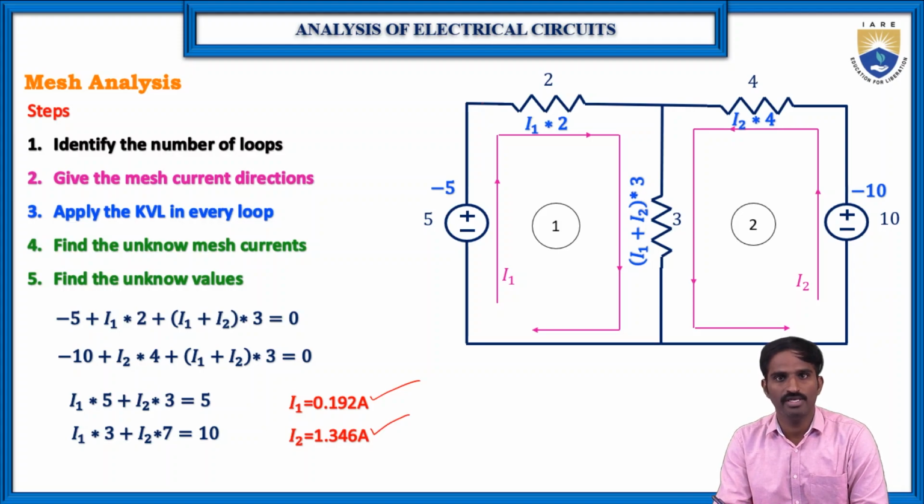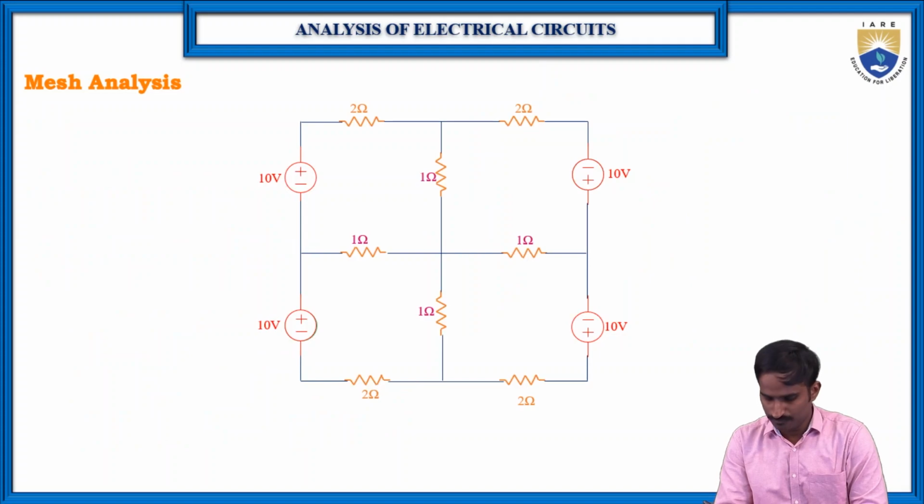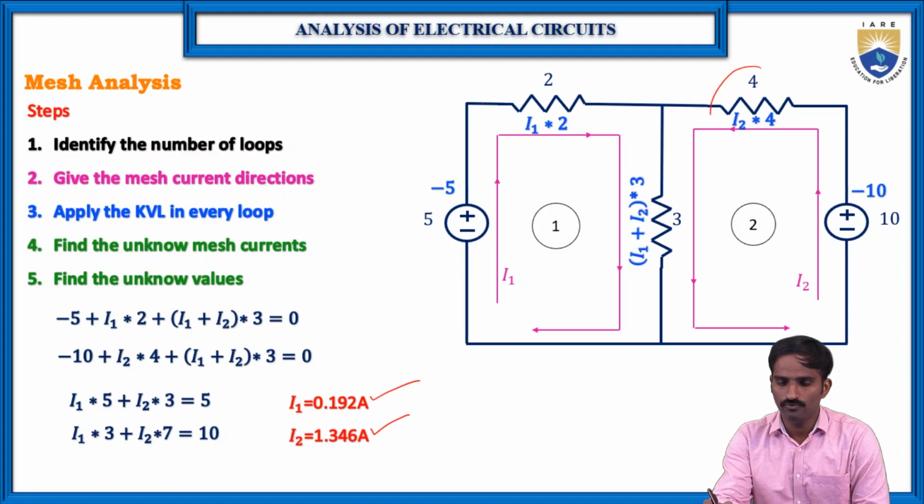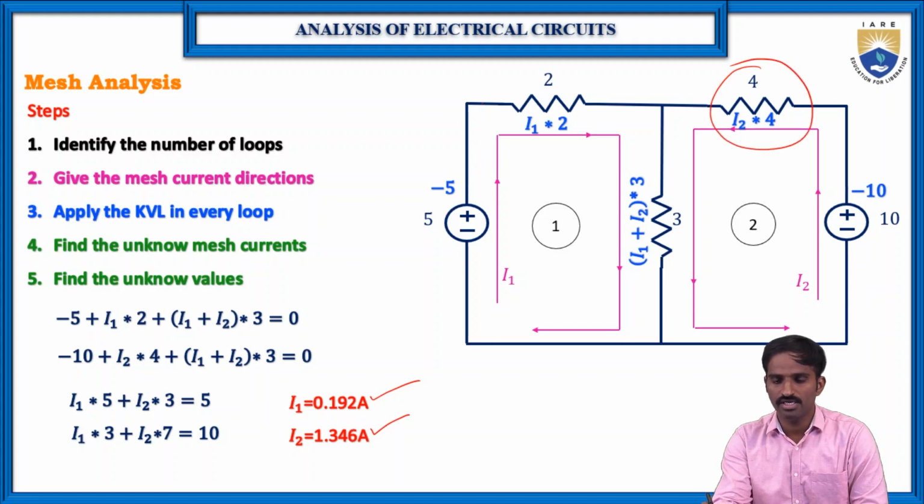So this is the way to find the mesh currents, or the loop currents, by using mesh analysis. Suppose you want to find the current flowing through the 4 ohms resistor using mesh analysis. The current flowing through 4 ohms is I2, and the value of I2 is 1.346.